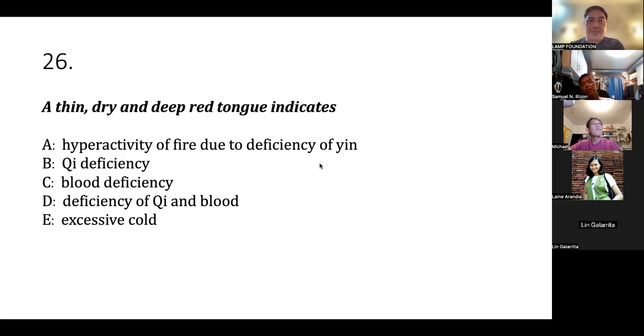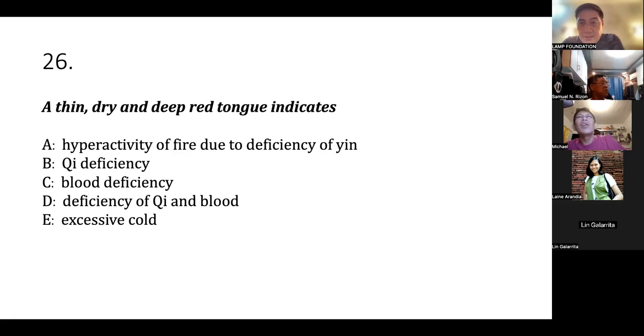Next, 26. A thin, dry, deep red tongue indicates letter A, hyperactivity of fire due to deficiency of yin. Can you tell us the pathology here? Can you trace? Anong una-una nangyari dito? Yin deficiency.